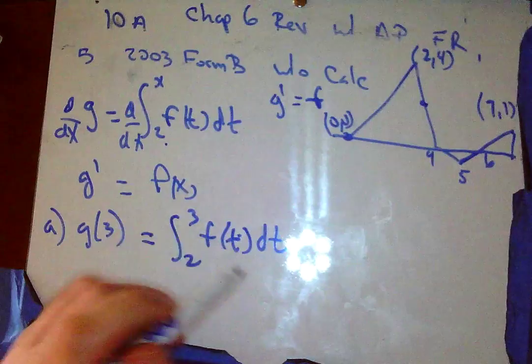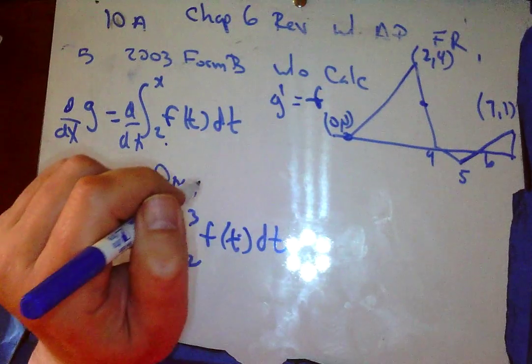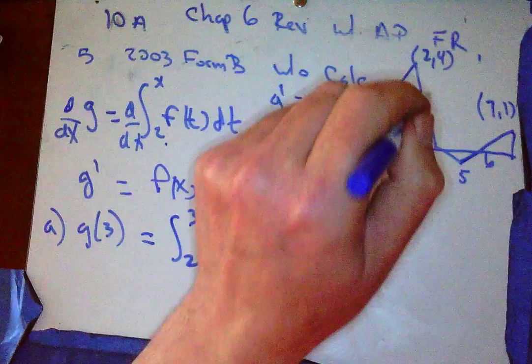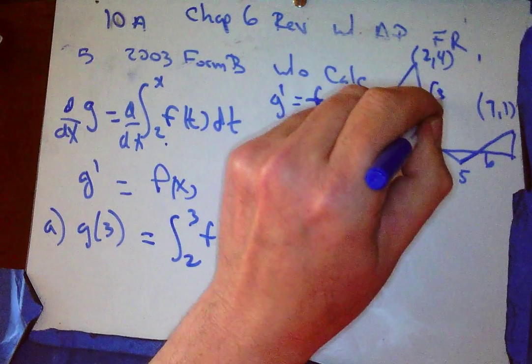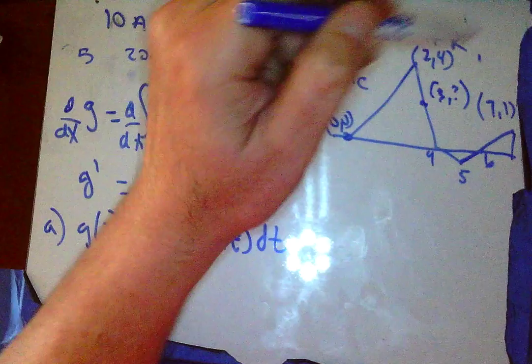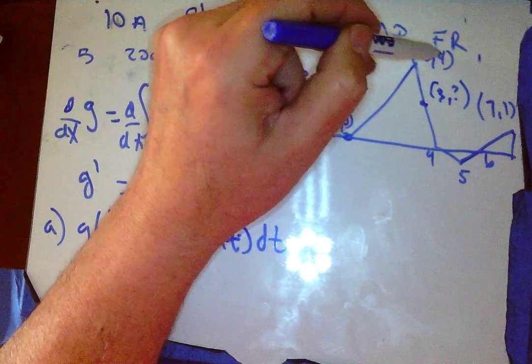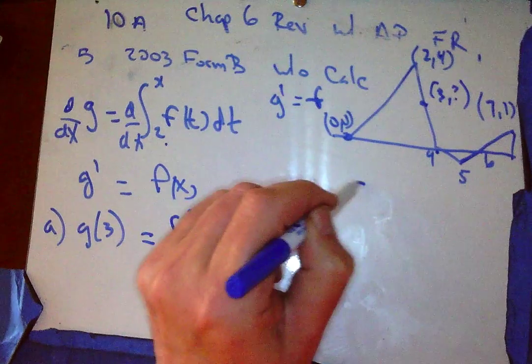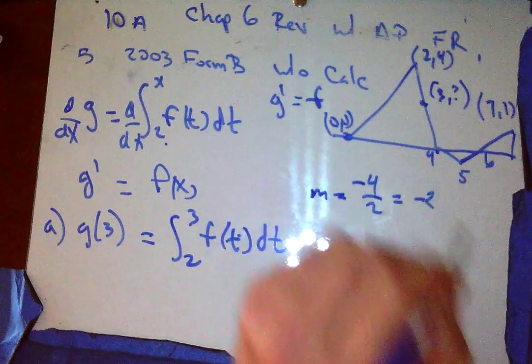And you know what? AP thinks you should be able to, at this point in time, write the equation of that line to find out what the y value is there at 3. No, really, they do. So we're going down 4 and over 2. So we know our slope is negative 4 over 2, or negative 2.